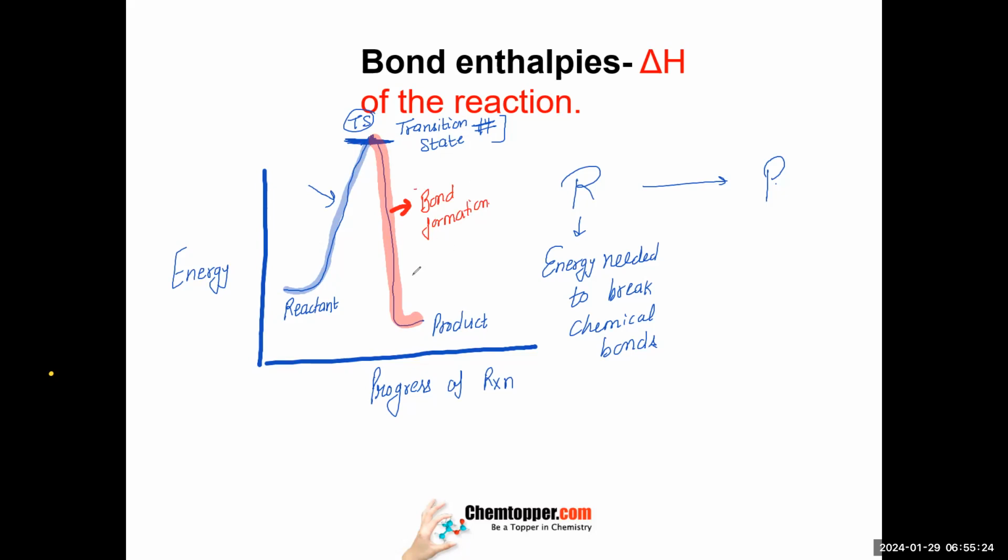Is energy released here or is energy needed in bond formation, children? So it's exo. Bond formation means attraction making. Attractions are formed. Attraction making is exo. Stability, attraction, stable. Stable means less energy.